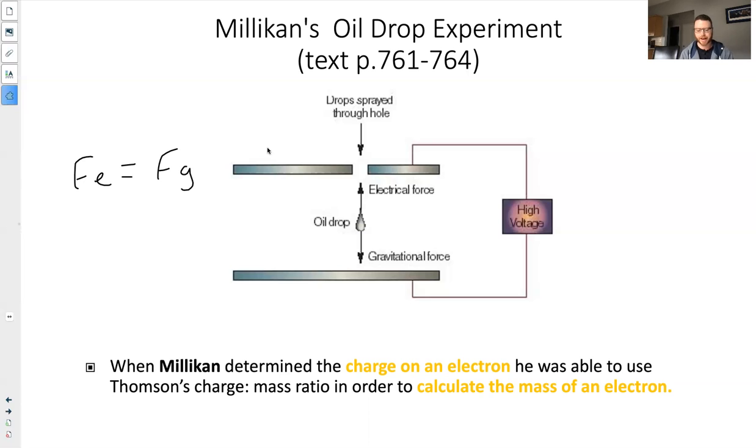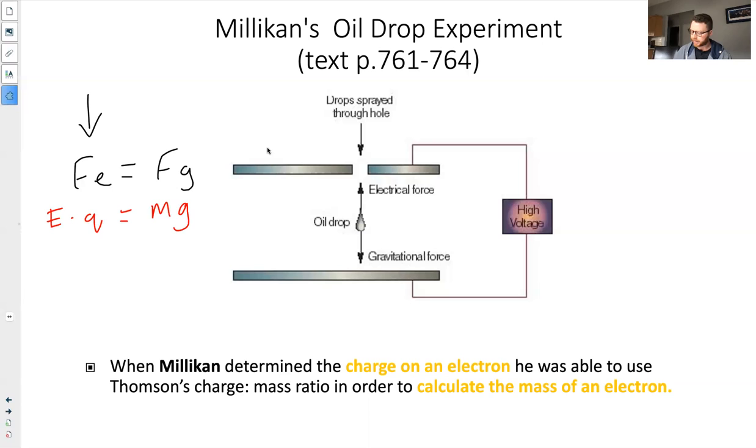The presence of the electric field would slow the falling of the oil drops until they were at a constant speed. So that's where we have the force required to move a charge through an electric field: Fe is equal to E times Q. And the force of gravity from Physics 20 is mass times gravity, right?